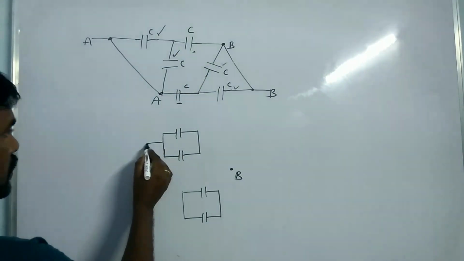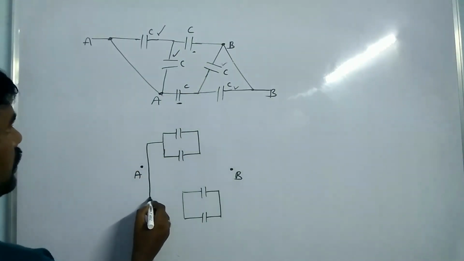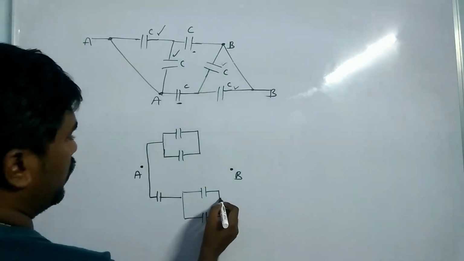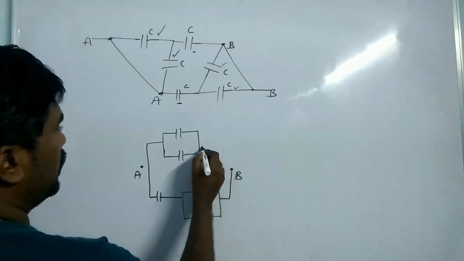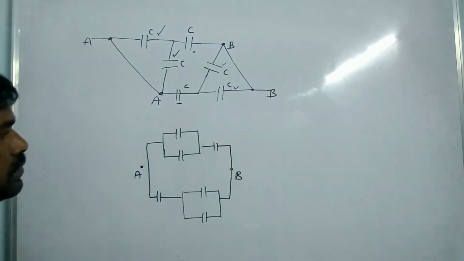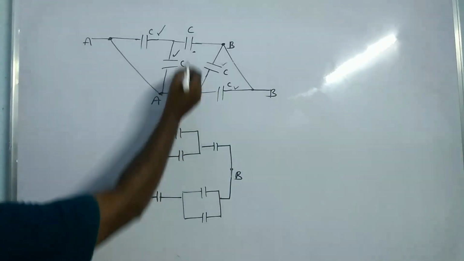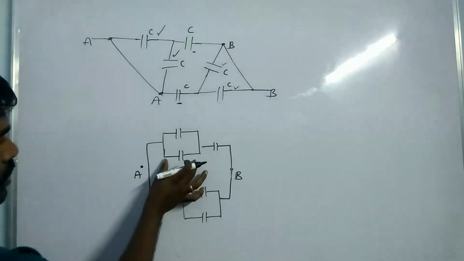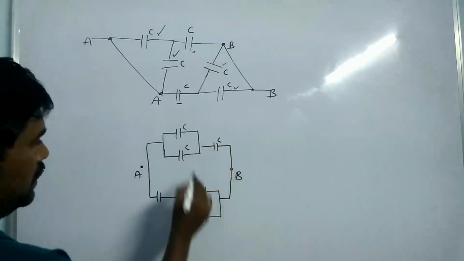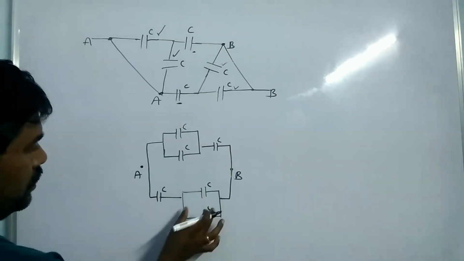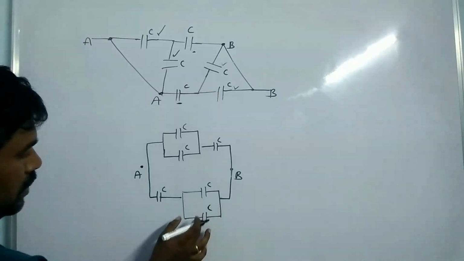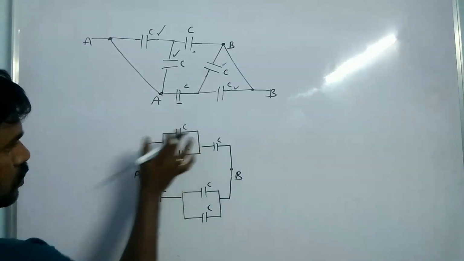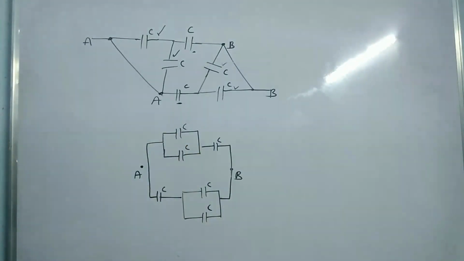Here one more capacitor is connected between A and B, and here one more capacitor is connected between A and B. Now these capacitors, C and C, and C, C, are in parallel combination, that is C plus C, 2C, and C plus C, 2C.